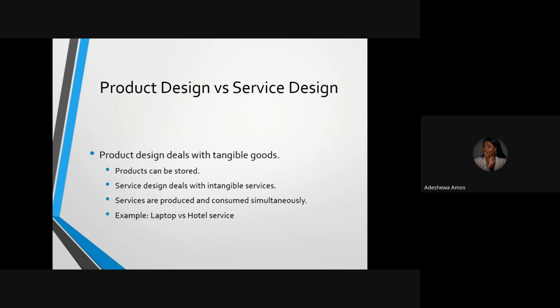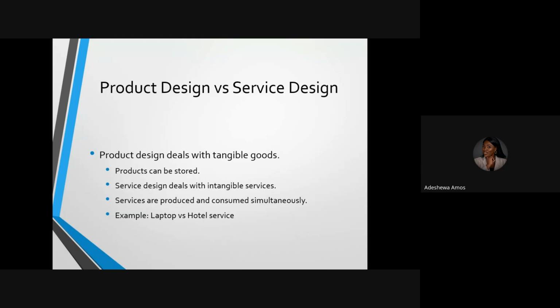Which I said, the difference is that one is tangible, one is not tangible, and all that. So it's the same thing. If you are dealing with the good aspect, or let's say the product aspect, you definitely know that they are tangible, they can be stored, okay? Then when it comes to the service design, it deals with intangible services.